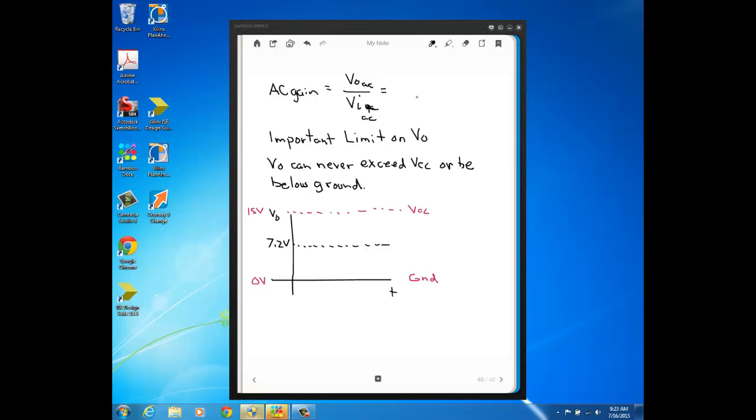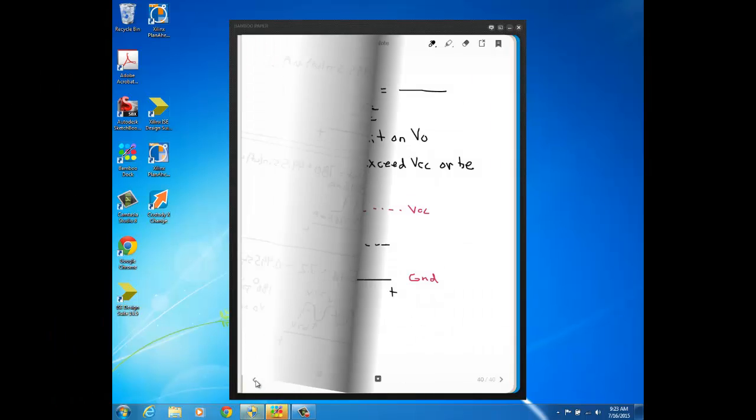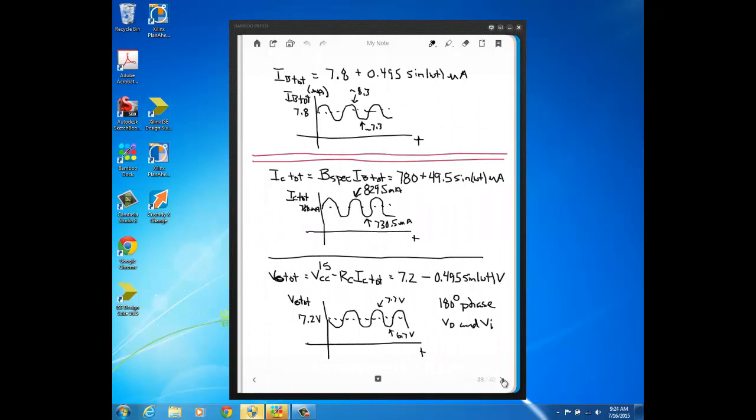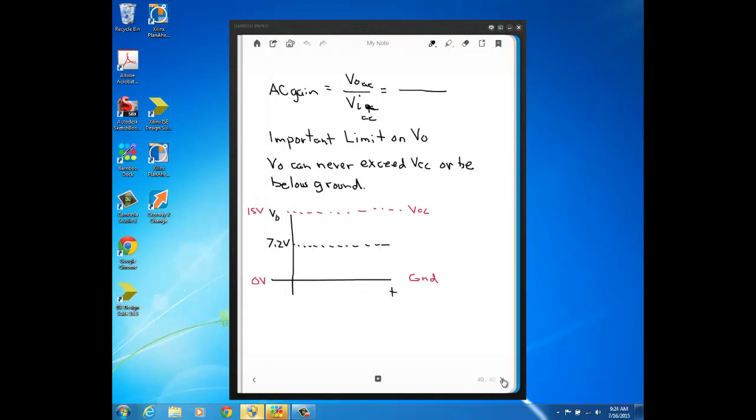Okay, AC gain. So the input signal, let's go back. We can either take its peak value, which is 50, or its peak to peak value, which is 100 millivolts. Let's just take the peak. So this here would be 50 millivolts peak. Actually, I forgot to put the milli here.